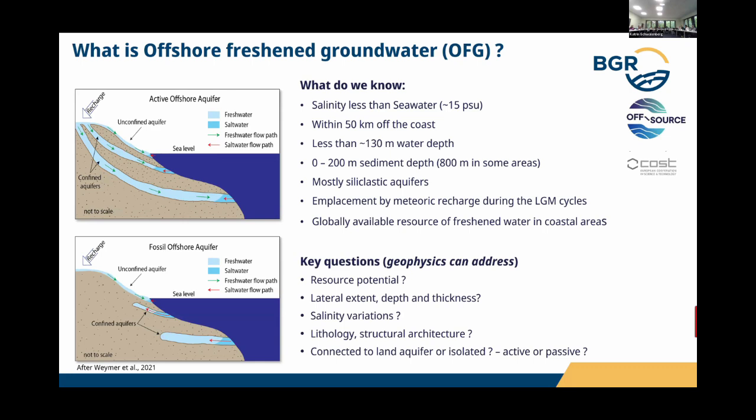We are also interested in whether we have salinity variations along the aquifer, and what the structural architecture and the lithology are. And what I mentioned just now: is it connected to the land aquifers or isolated? Or in other words, is it active or passive?